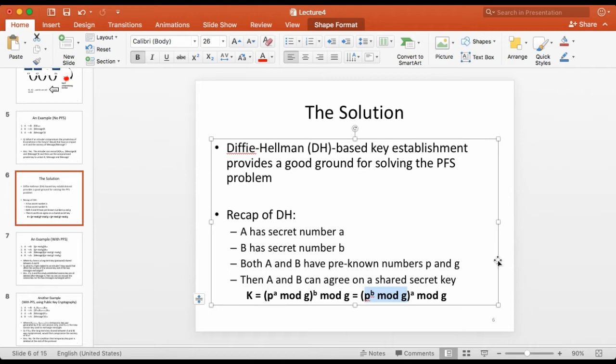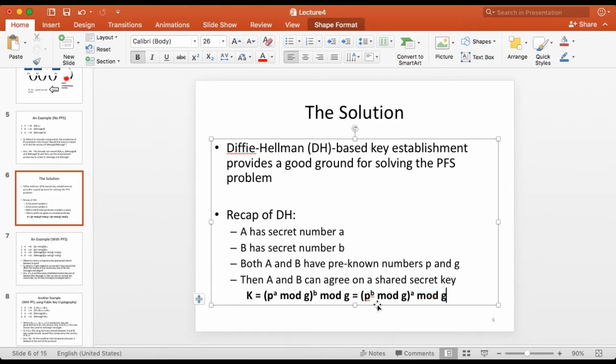Once they exchange these two numbers, Bob will receive the number from Alice and raise it to the power of his own secret number small b modulus g. And Alice, similarly, will raise what she receives to the power of her own secret number small a, again modulo g.